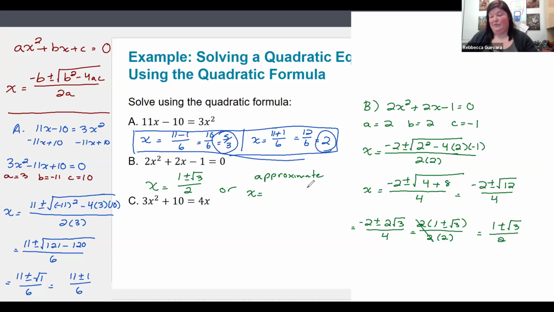Let me do 1 minus square root of 3 over 2, because that's going to be the first one we have. So negative 0.366 approximately. And my other solution, if I have 1 plus square root of 3 over 2, is going to be 1.366.